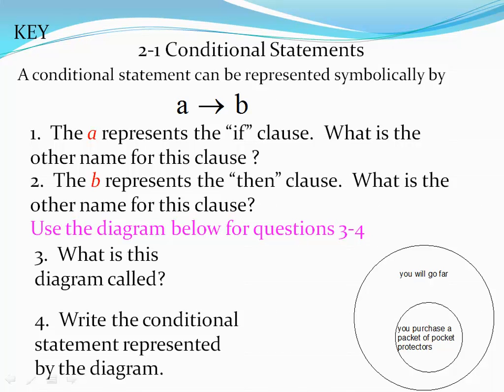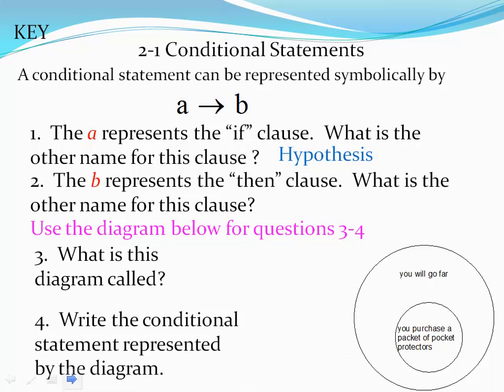We call this if clause the hypothesis. You're probably familiar with that word somewhat from science and from other areas, and it is similar to that. That's what we think could happen. If you do this, for instance, then that will happen.